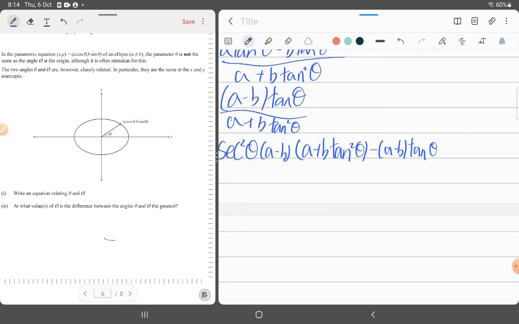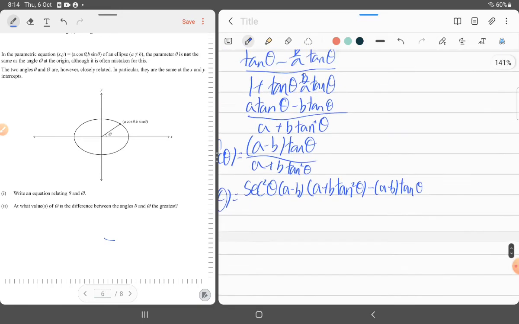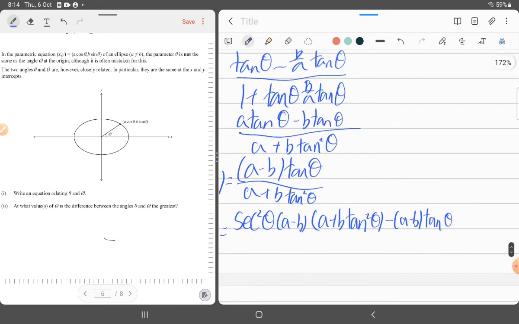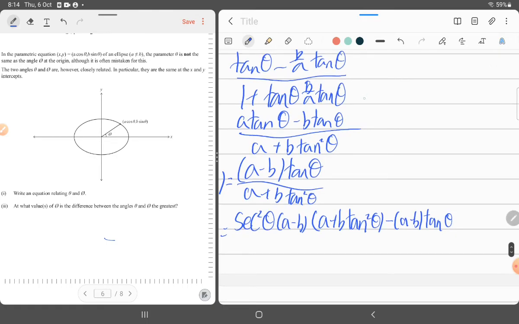Wait, how do I derive from tan theta, f dash g plus g dash f?